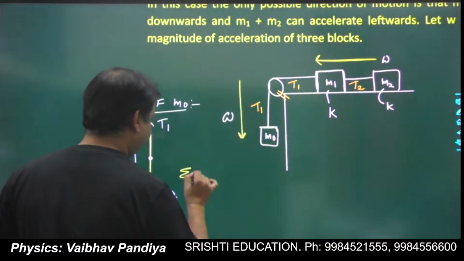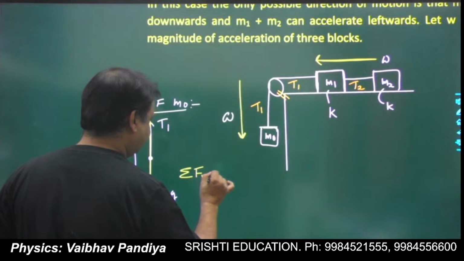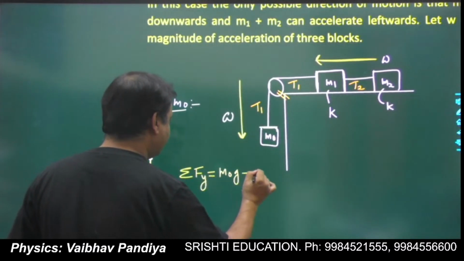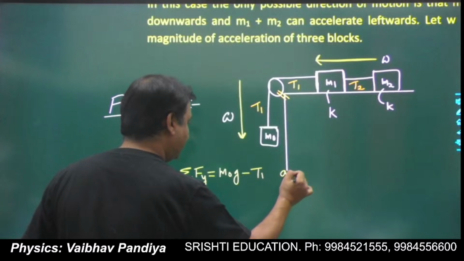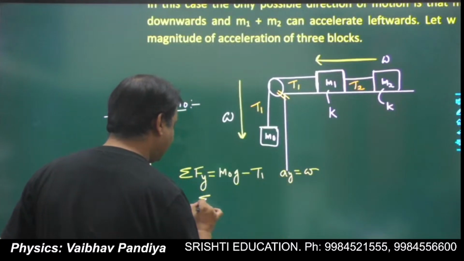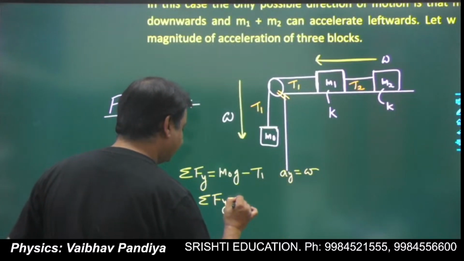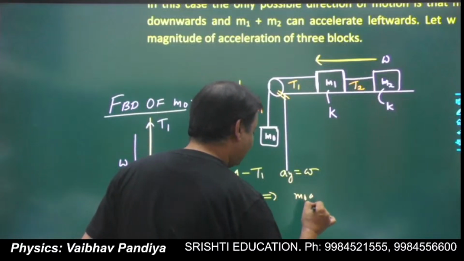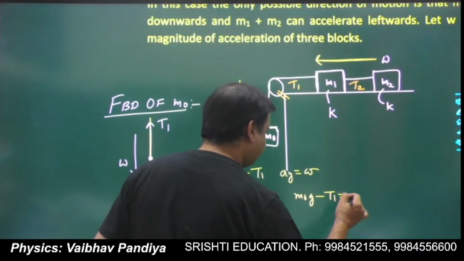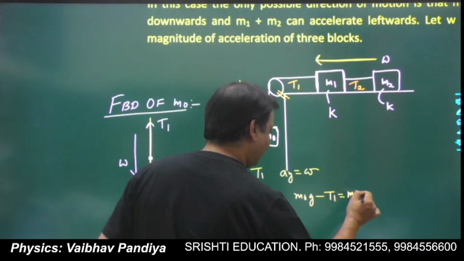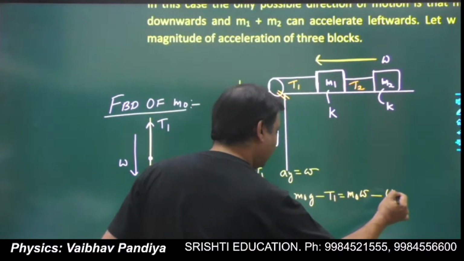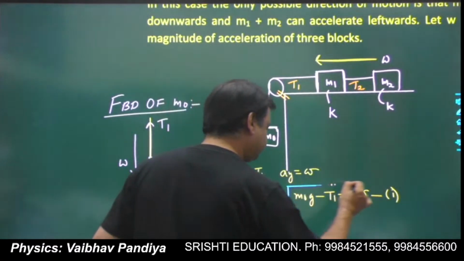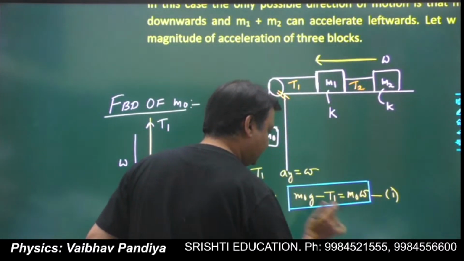So systematic way, we'll say the sigma Fy, net force on the y-axis, will be M0G minus T1. Ay is W. Now let me apply Newton's second law. Fy is M Ay. So I will get the equation M0G minus T1 is M0W. Let it be equation number 1. So this you got as the first equation involving T1 and W.